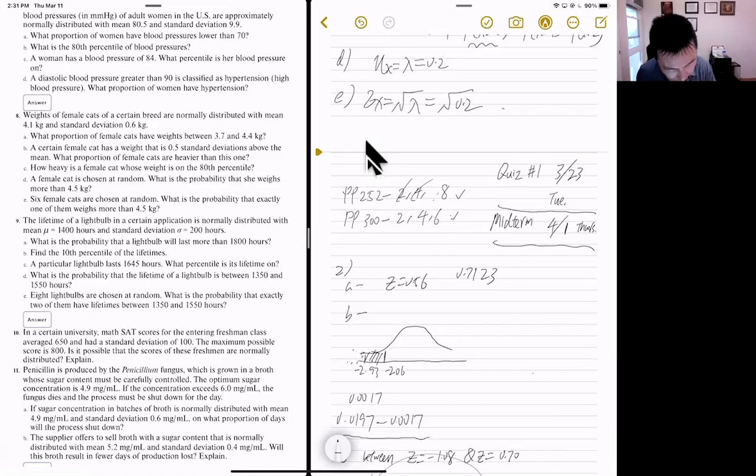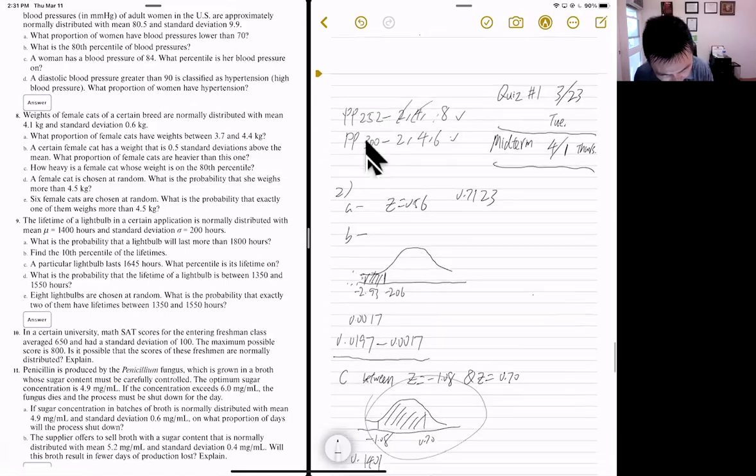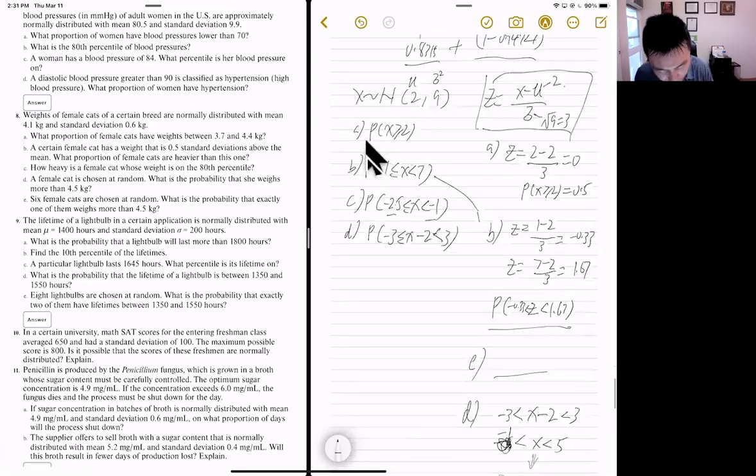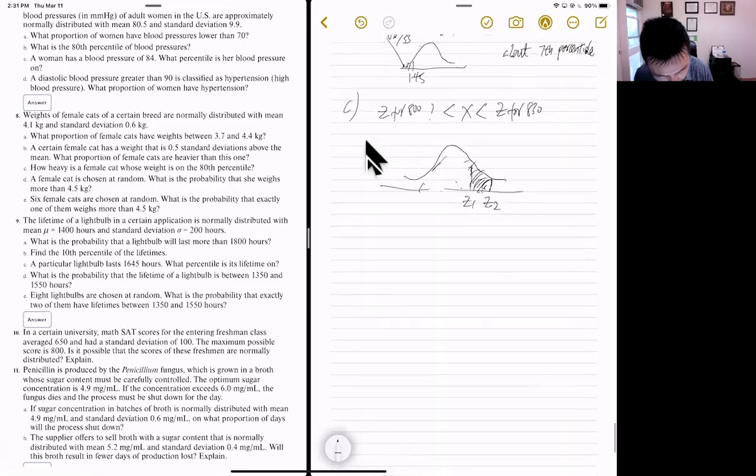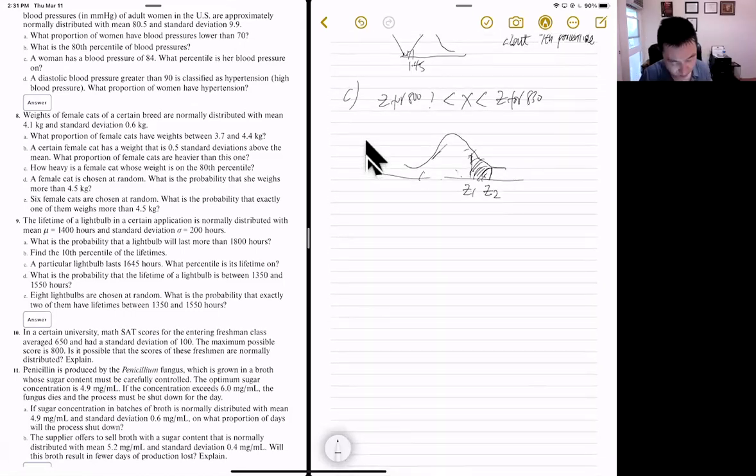The weight of female cats of a certain breed is normally distributed, with mean value 4.1 kilograms and standard deviation 0.6. Part A: what proportion of female cats have weight between 3.7 and 4.4? First of all, let's write down what distribution it follows.